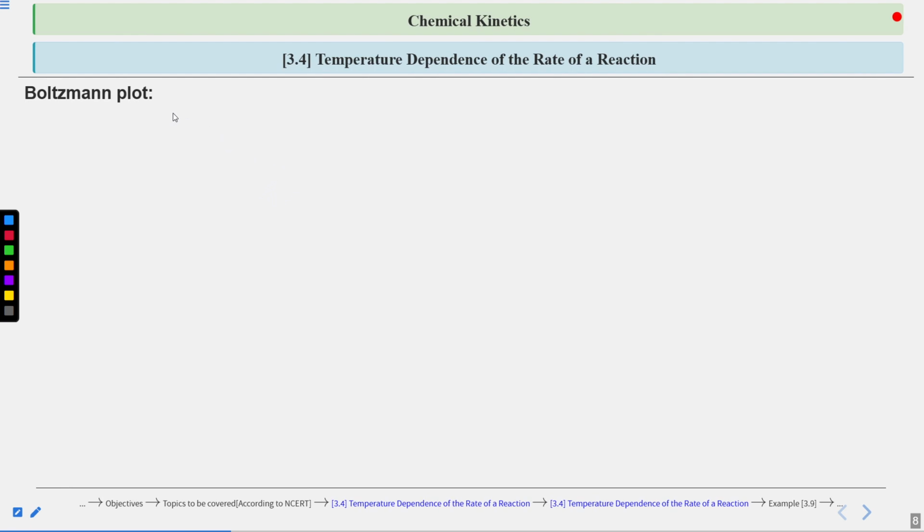Now let's talk about our next major topic, that is the Boltzmann plot. Until now we have seen the Arrhenius equation and Arrhenius plot. All the molecules in the reacting species do not have the same kinetic energy. In any chemical reaction we have one or more reactants. Generally there will be more than one, so in the general case, two molecules will react or collide with each other and form a product.